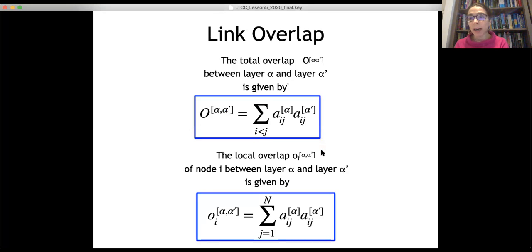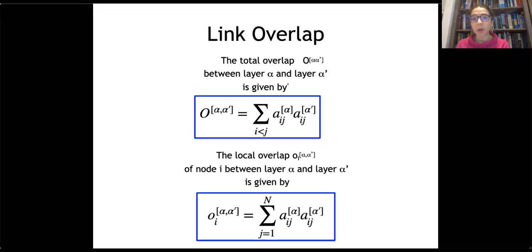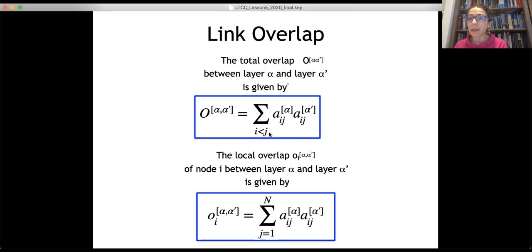In order to characterize link overlap, you have a total measure of overlap between layer alpha and layer alpha prime, which is defined as the total number of links that are present at the same time in layer alpha and layer alpha prime, meaning the total number of pairs of nodes connected both in layer alpha and layer alpha prime.